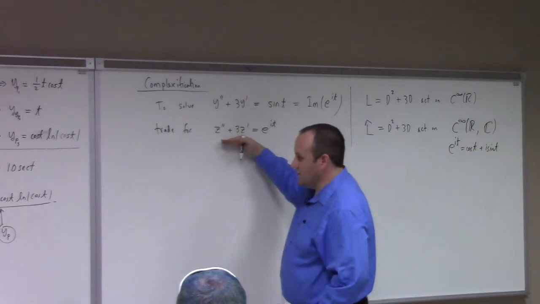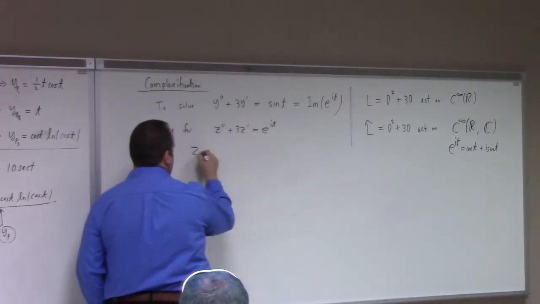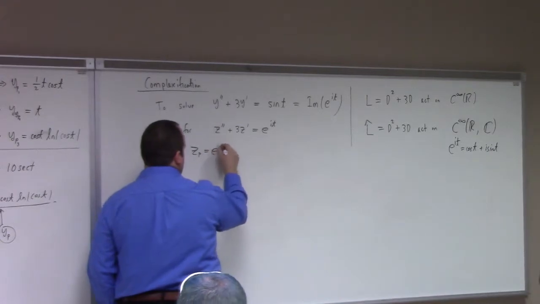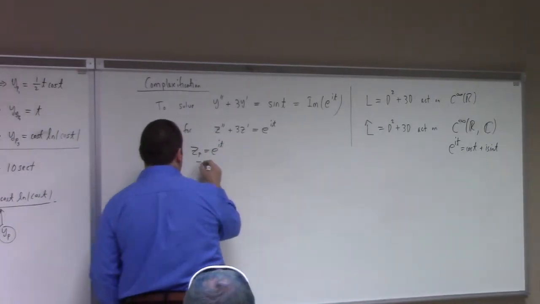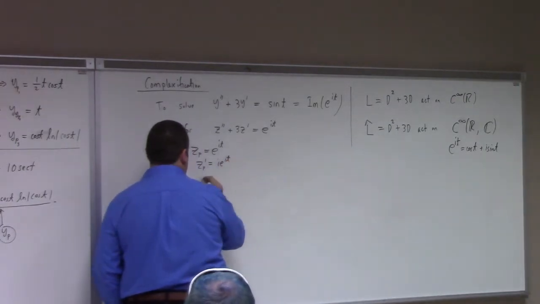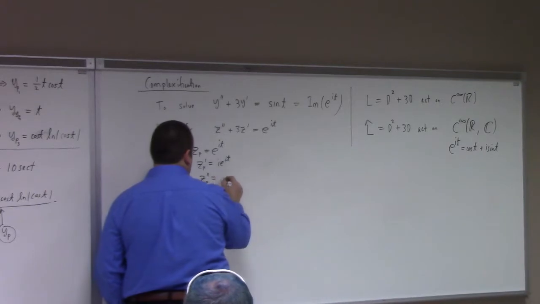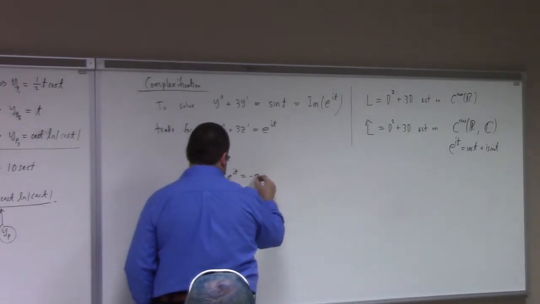And so I can solve this in a very natural way. I just say z_p is equal to e^(it), right? So z_p' is i e^(it), z_p'' is i² e^(it), which is otherwise known as minus e^(it).